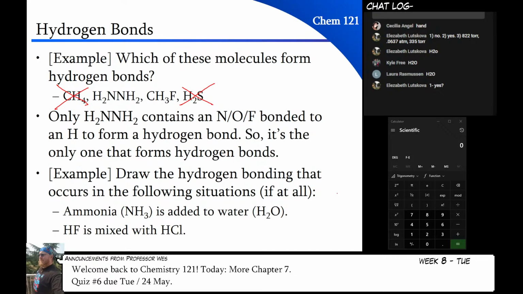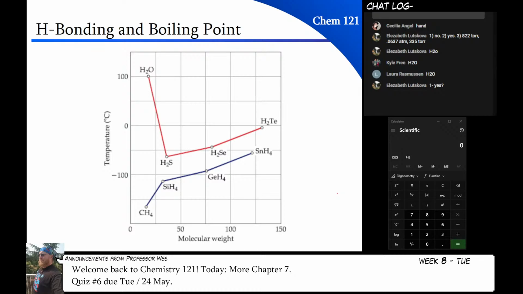So let's talk about the last intermolecular force. Oh, here's a graph that talks about how important hydrogen bonding is in terms of how it affects boiling point. So the only molecule on this diagram that is capable of hydrogen bonding is water. And you can see that boiling point tends to be pretty linear with increasing molar mass, right?